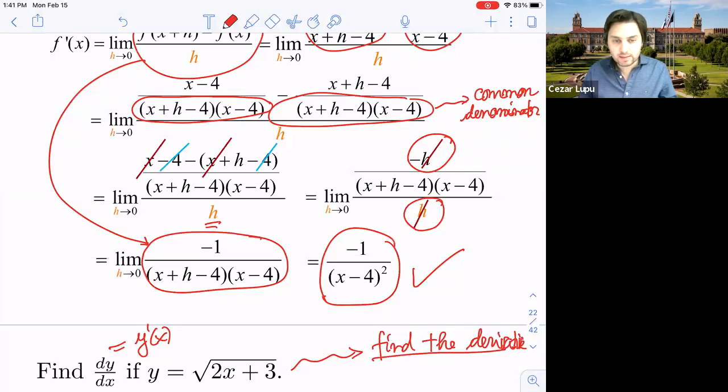That's what we need to do. It is just x? Not quite. So what would you do here? You have a square root, and 2x plus 3, and no, not quite.